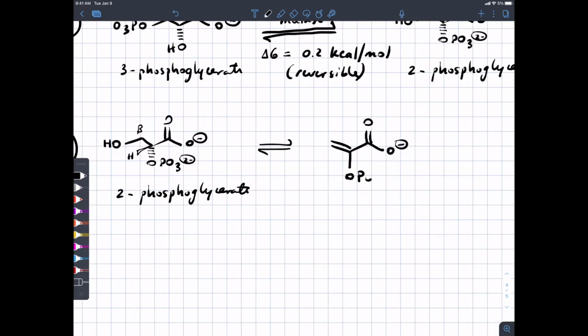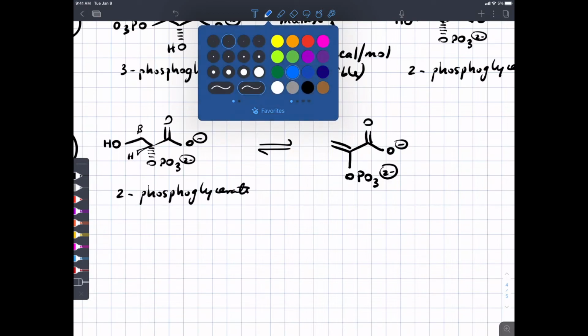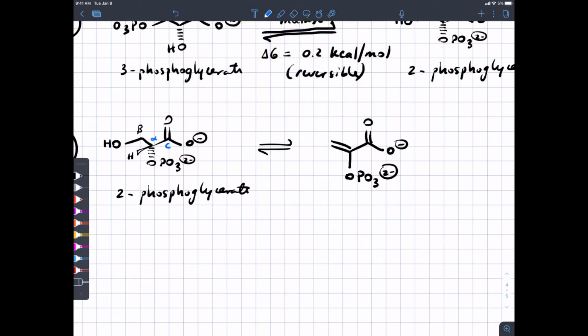So here is the carbonyl carbon, here's the alpha carbon, here's the beta carbon, and after the elimination reaction, we now have an alpha-beta unsaturated carbonyl compound. The enzyme that catalyzes this reaction is called enolase, for reasons that'll become clear in just a little bit.